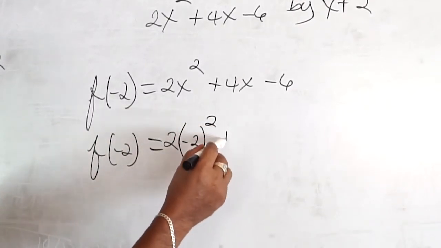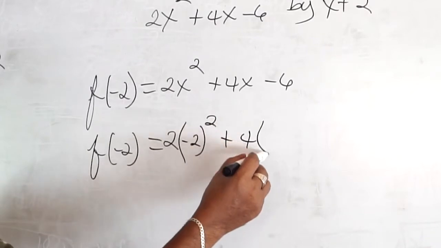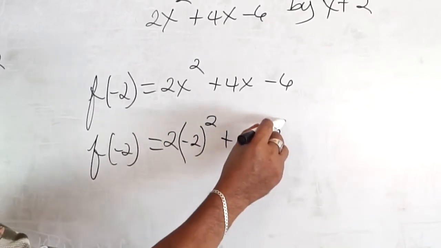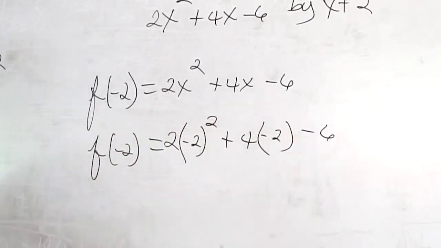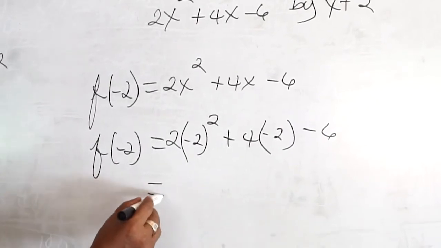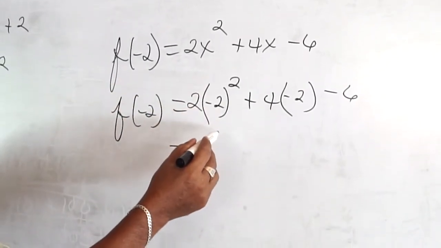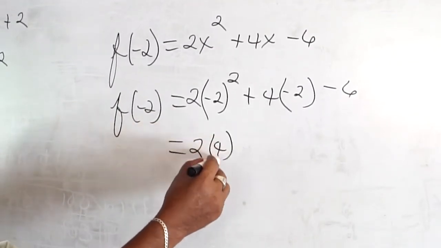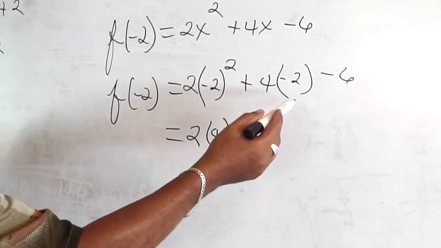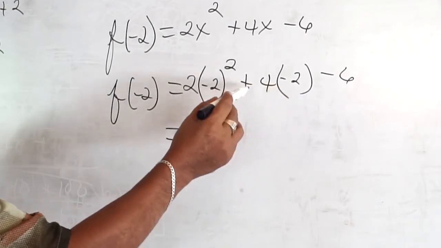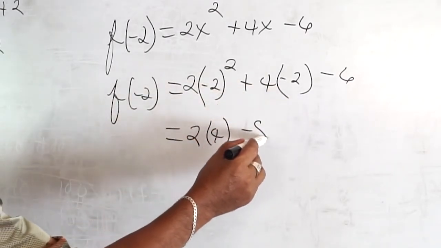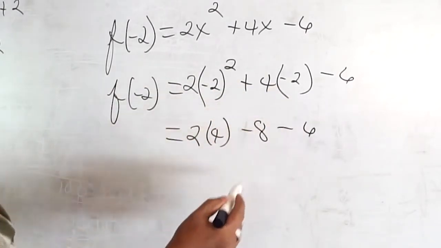So we have 2 times negative 2 squared, plus 4 times negative 2, then minus 6. The square of negative 2 is 4. Multiplying negative 2 times positive 4, the result is negative 8. Then negative 6.